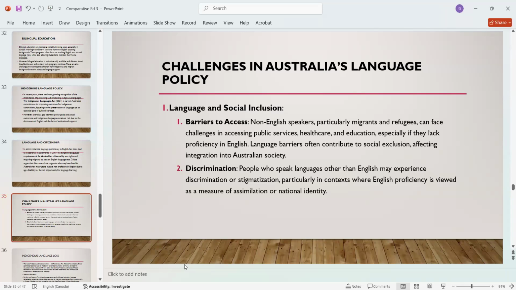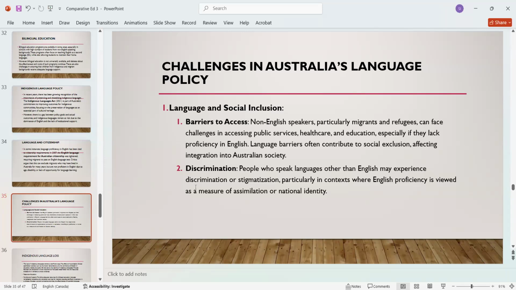Language barriers often contribute to social exclusion, affecting integration into Australian society. So their working policy is English. So barriers to access: if they are not good in English, they can't. Especially non-English speakers will face a lot of difficulties, especially refugees, right?